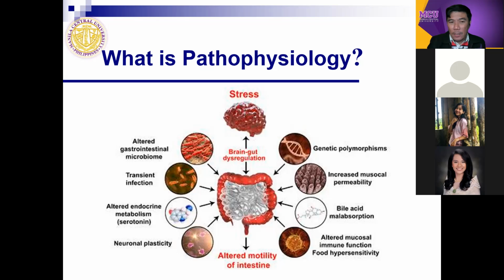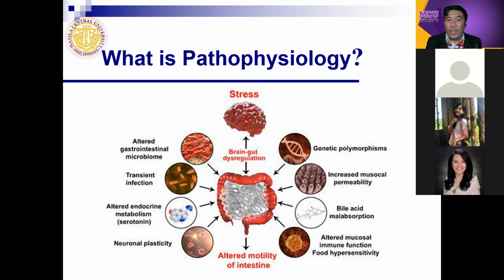What you have seen in the illustration are the effects of stress in the body, and we will connect it to how it may lead to altered motility of the intestine. So class, let's start. Stress may cause the possibility of an altered gastrointestinal microbiome.